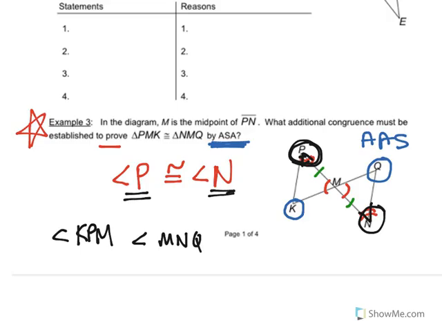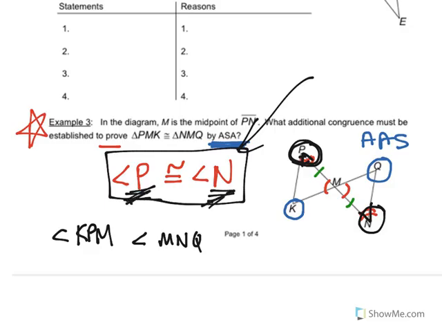What we're saying is that in order to be able to prove that those two triangles are congruent, we would have to be able to prove that angle P is congruent with angle N. So this is a condition to be able to prove those two. So unless there's some way to prove this, there's really no way to prove those two triangles are congruent. Okay, so we'll leave it at that. Let's go on to the next one.